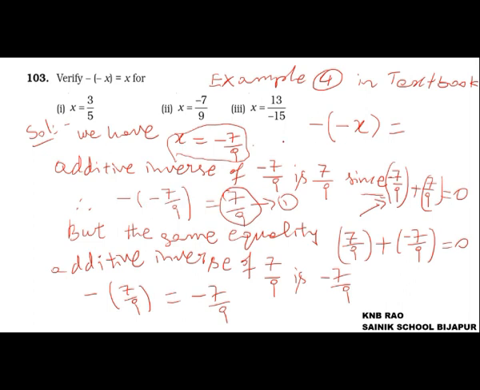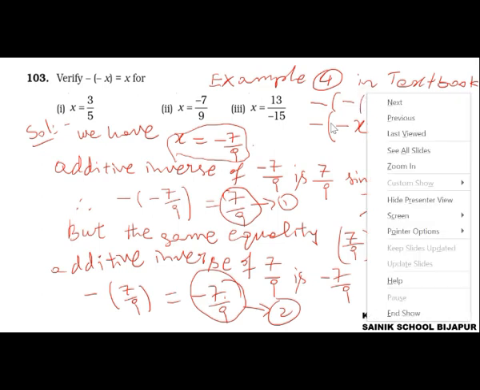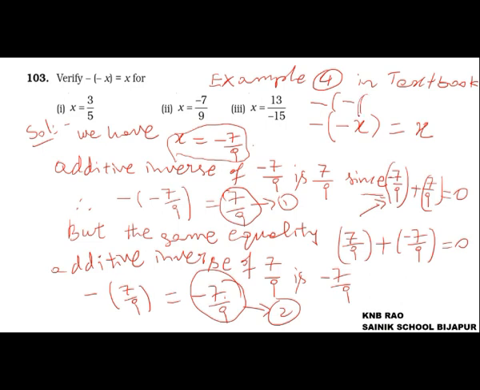So minus of minus 7 by 9 means minus x equals, here instead of this I will substitute x.